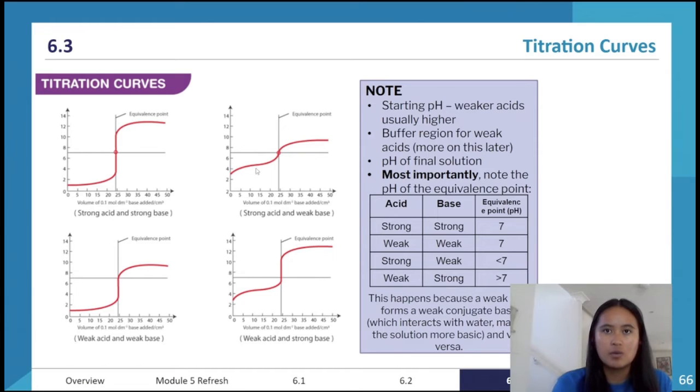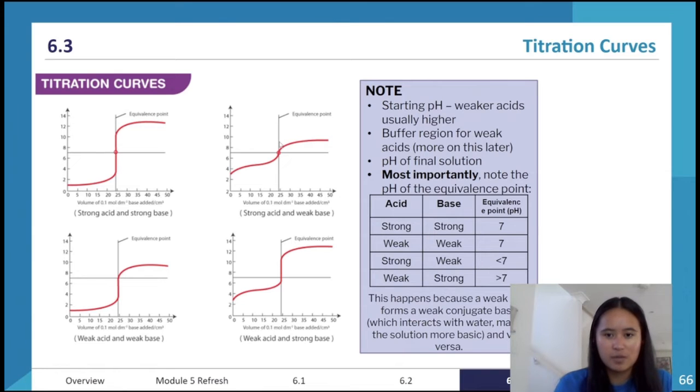Strong acid, weak base has a weird thing going on. It's the same kind of shape as this one, but it has a lower resulting pH. The equivalence point changes based on the reactants, so the equivalence points for these graphs are a little bit off.